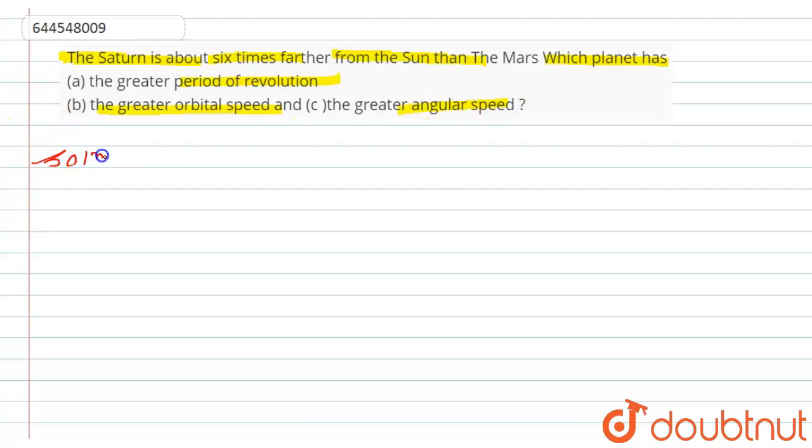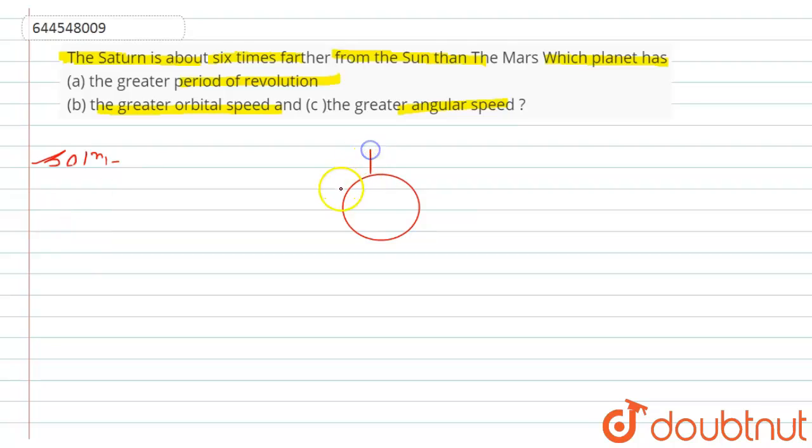So according to the question, it is given that Saturn is about 6 times farther from the Sun compared to Mars, so we have to find the answers for these 3 questions. Let us assume this is the Sun.